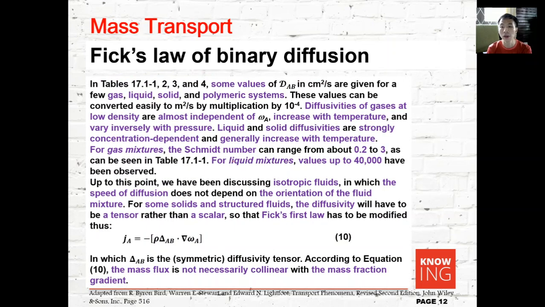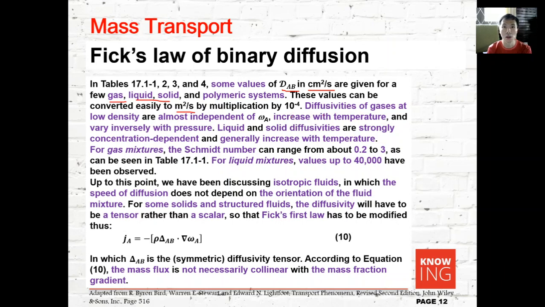Following next, we will give you a feeling for the magnitude of this diffusivity for different phases: gas, liquid, solid, and polymeric systems. Normally the values are given in units of centimeter squared per second, but they can be converted to meter squared per second by multiplying by 10 raised to minus 4.